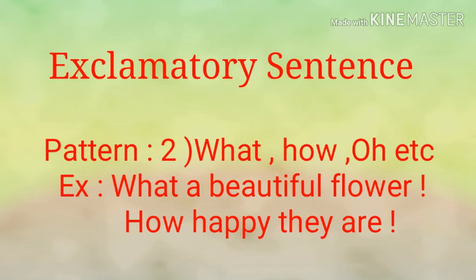And like the interrogative sentence, in the exclamatory sentence also you will find two patterns. The second pattern is that the sentence starts with what or how, oh, etc. For example, what a beautiful flower, how happy they are. So this is the exclamatory form of sentence.